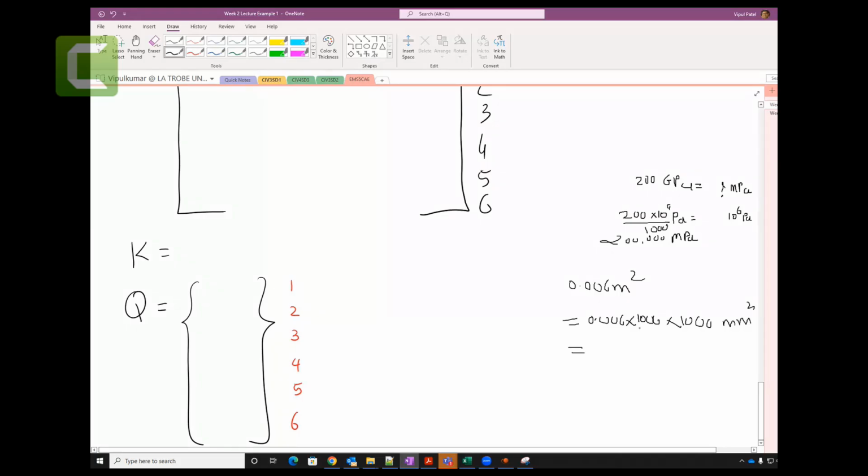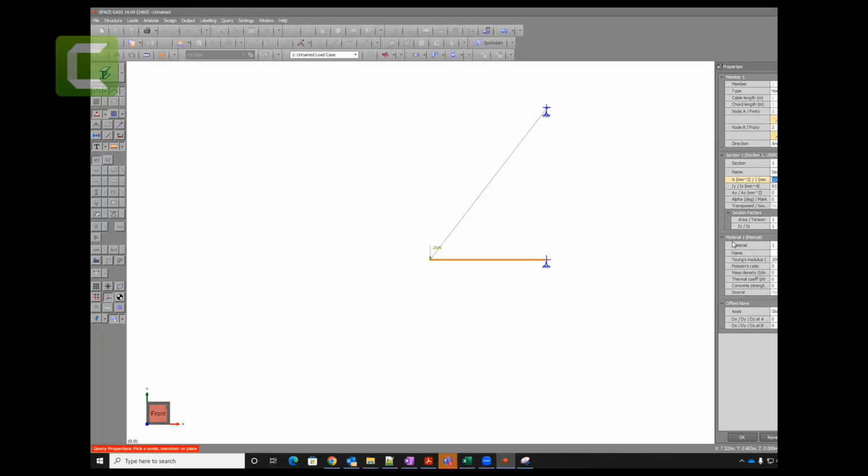So you get 6000 millimeter square. Let me put that 6000 here, megapascals and 6000 millimeter square, and hit OK.